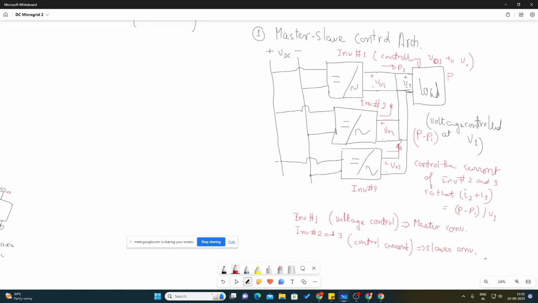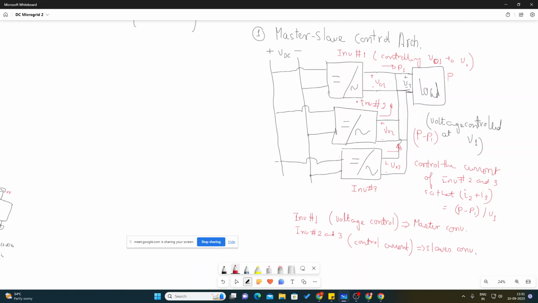So the issue of the master slave control architecture is that it is dependent on inverter 1 in controlling the voltage. Once inverter 1 for some reason gets offline, or it is removed from the load, one of the inverter 2 and 3 needs to operate in such a way that the voltage has to be controlled.